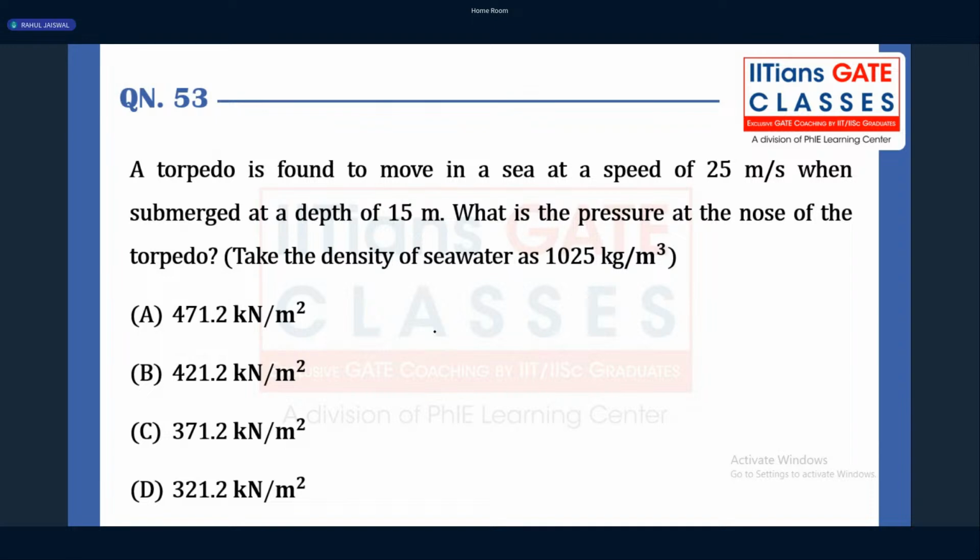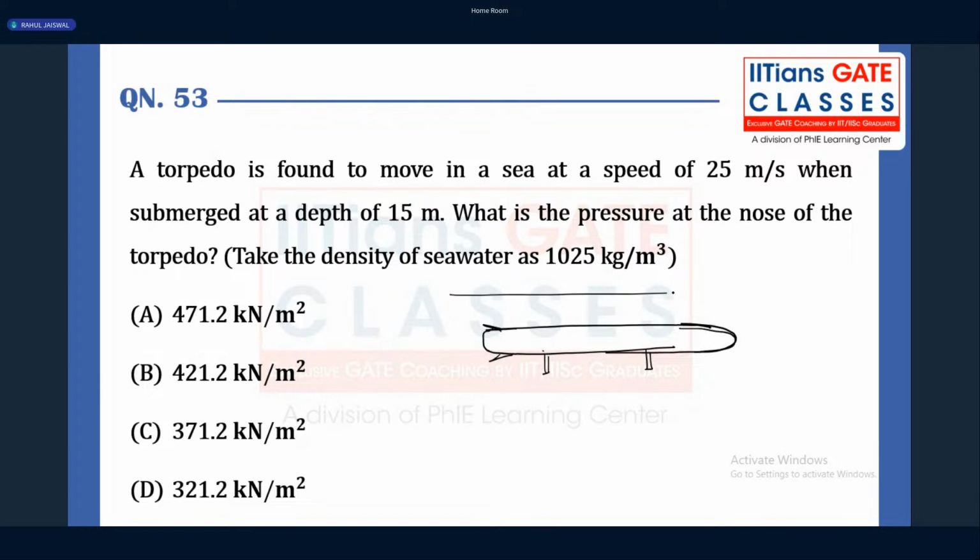Now, what is the next question, guys? A torpedo is found to move, basically, if I draw the rough diagram, the torpedo, I'm just making a very rough diagram.